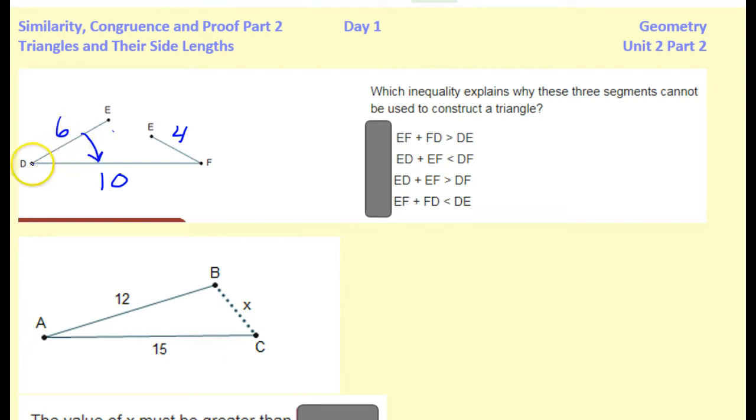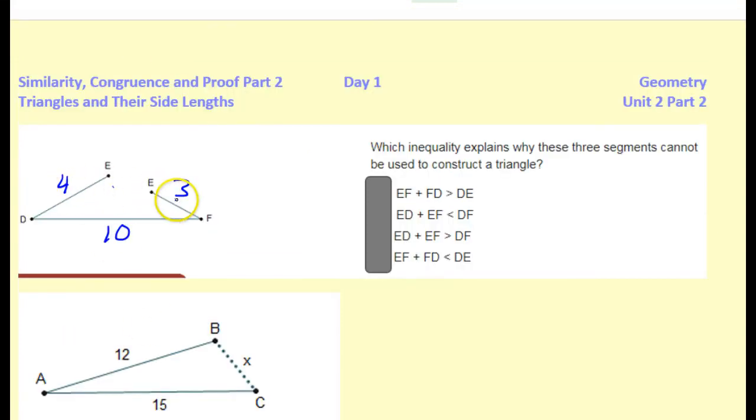If I rotated this flat until it went like this, and if I rotated this one flat until it went like this, then yeah, they would just barely touch. This would be 4 and this would be 6. That makes 10. But there would be no extra space left over to make the triangle. They have to be bigger than 10.